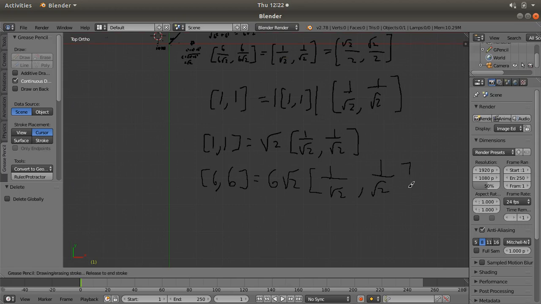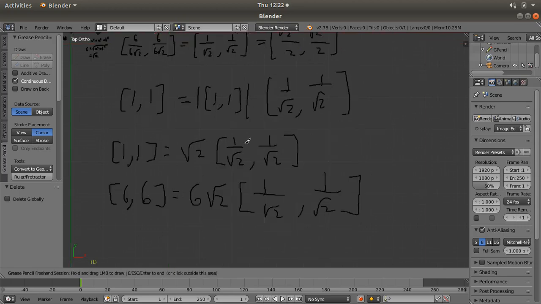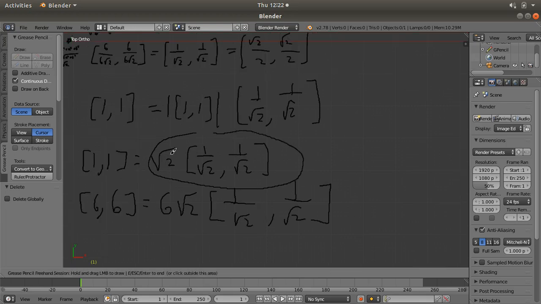And to get back the original vectors from magnitude and direction, you just multiply the magnitude times each component. The root 2's will cancel and you'll get 1, 1. Same here, the root 2's will cancel and you'll get 6, 6.